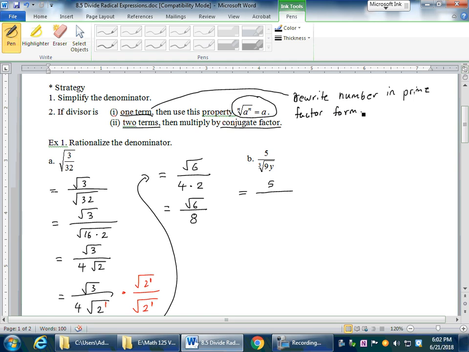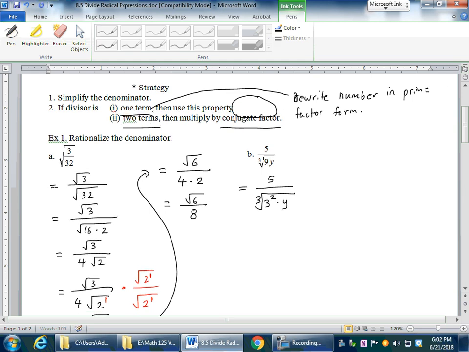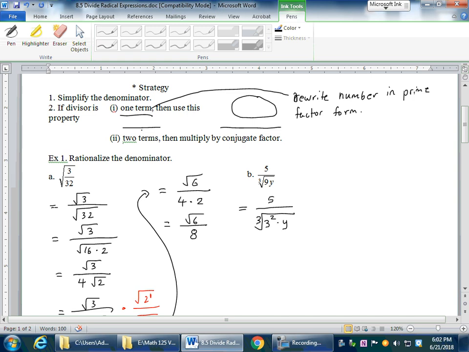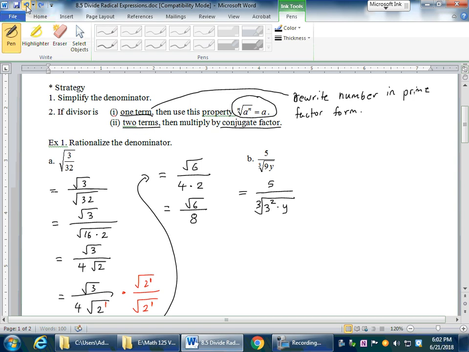Now why? Take a look at this. If I rewrite 9 in prime factorized form, that will be 3 to the second power times y. That makes it clear what other factor I need to multiply by so that the index and the exponent of the radicand will be the same.